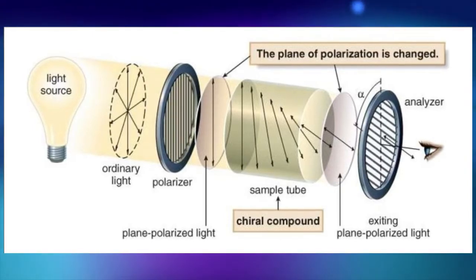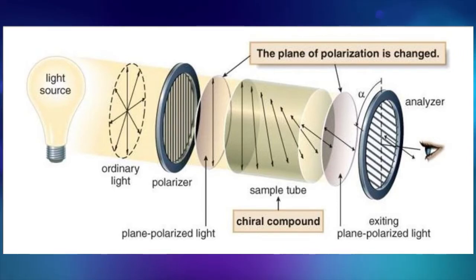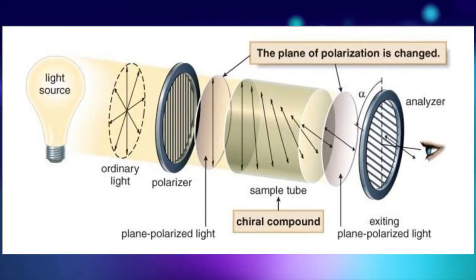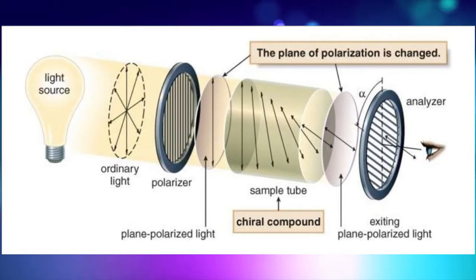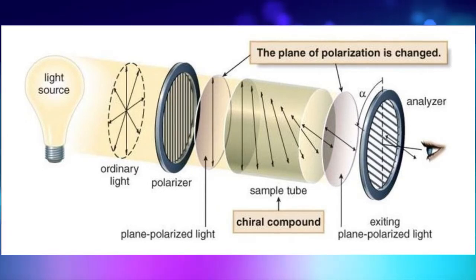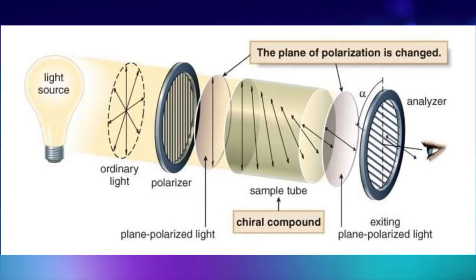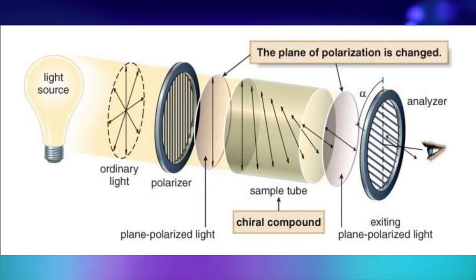Now you can gradually see an image of a polarimeter on the screen. Now what is a polarimeter? A polarimeter is that particular meter which will produce the plane polarized light and which will predict whether a molecule is optically active or not.